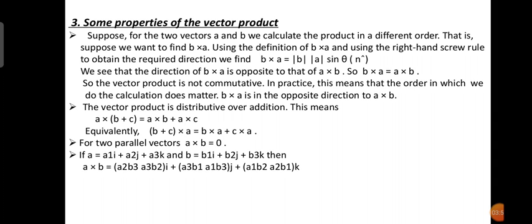The vector product is not commutative, and it is distributive over addition. This means A cross (B plus C) is equal to A cross B plus A cross C, and also the reverse.